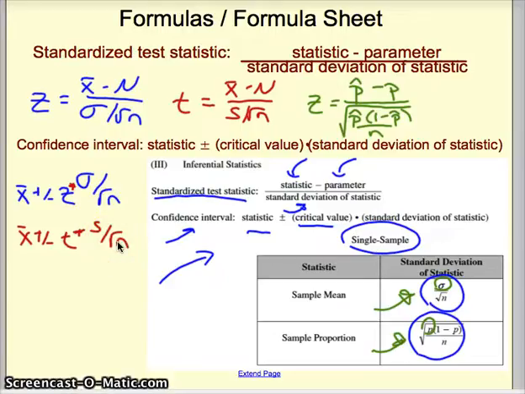And when we get to intervals for proportion, it'll be p hat plus or minus z star again, times the square root of p hat times 1 minus p hat over n. So the formula sheet presents things as shown in the lower right here. You need to be comfortable with how to use that formula sheet should you need it to come up with the proper test statistic or confidence interval.